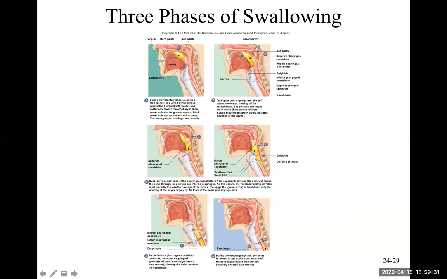Well, food is usually too large and it won't go upwards. The reason is that as food gets pushed into the back of your throat, it closes that gap between your uvula and your nasopharynx right here. So then food can't move up.